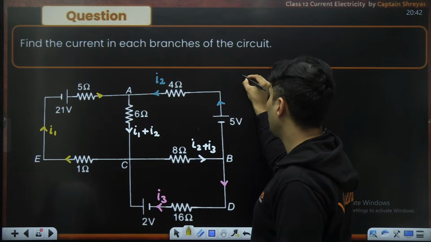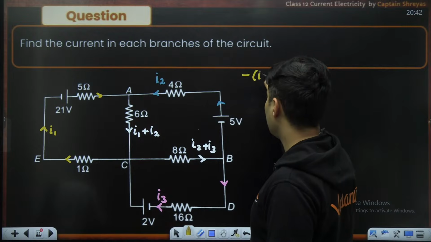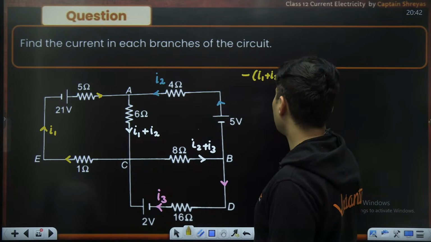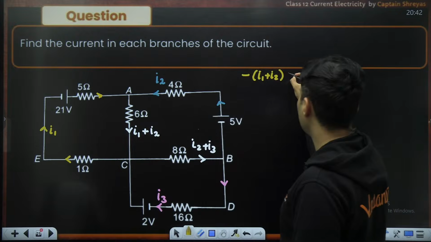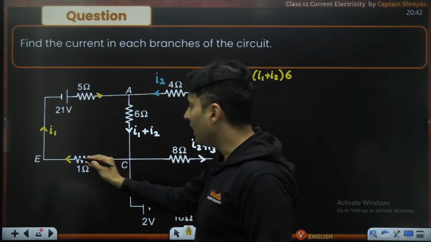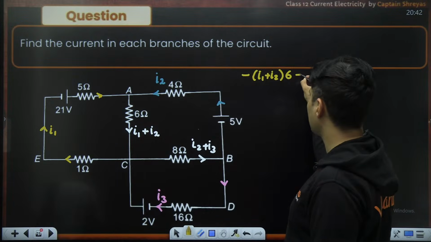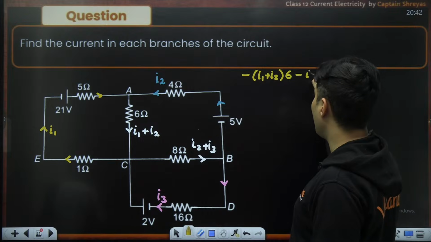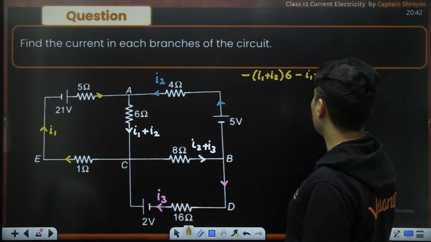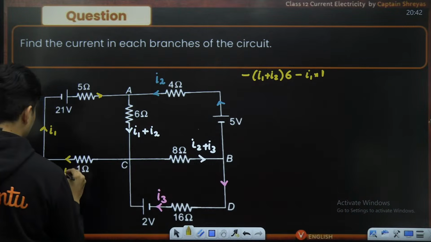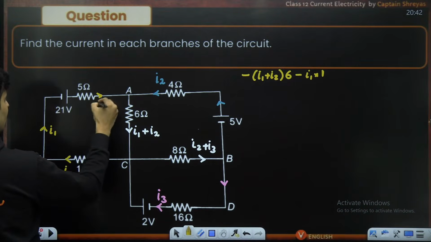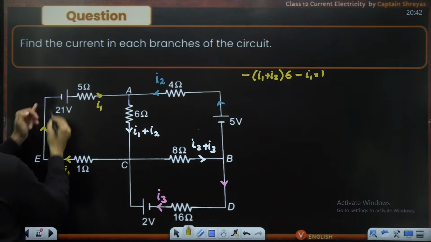So there is a drop of minus current, which is I1 plus I2, into the resistance, which is basically 6. Then again current into resistance in the same direction. So minus I1 multiplied by R1. Remember, this current is still going to be I1. This is also I1.